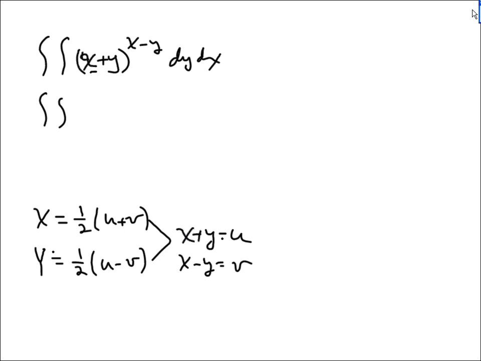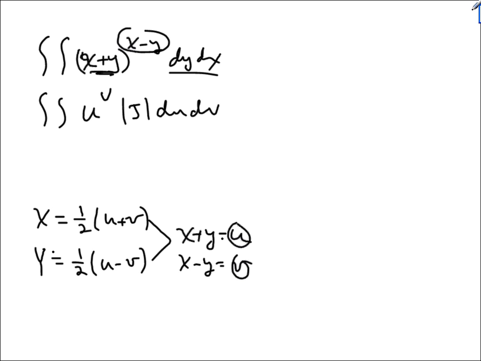So x plus y would become u, and x minus y would become v. And dy dx becomes the absolute value of the Jacobian du dv. All I'm saying is that this function of x and y, you have to write down in terms of u and v.